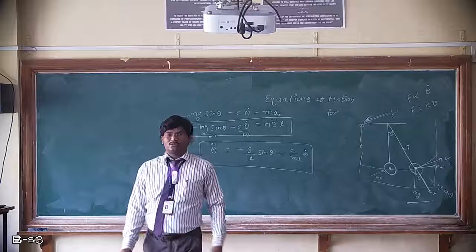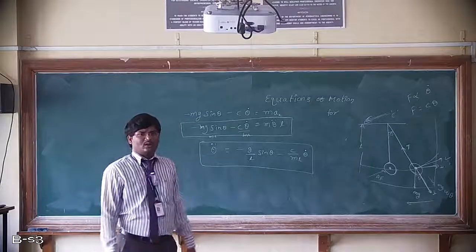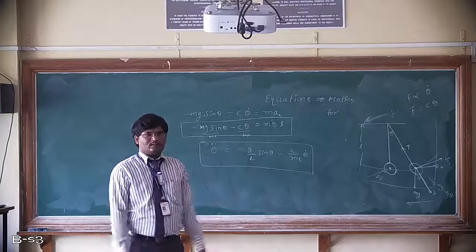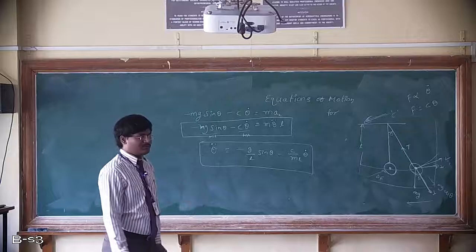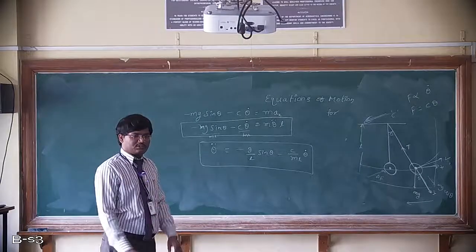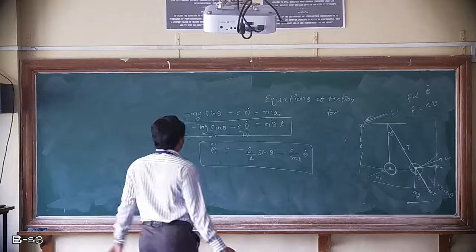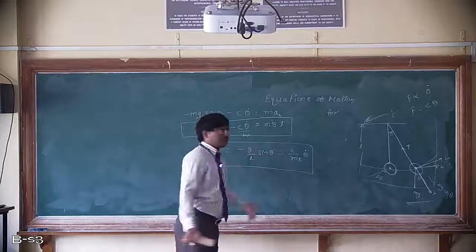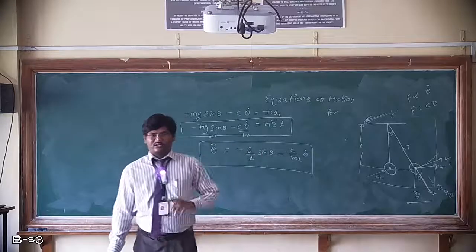If you know control systems, in your control systems course you will apply Laplace transforms. Finally, you will bring it into a transfer function. From the transfer function, you will take the characteristic equation. So that is one method, the classical control method.